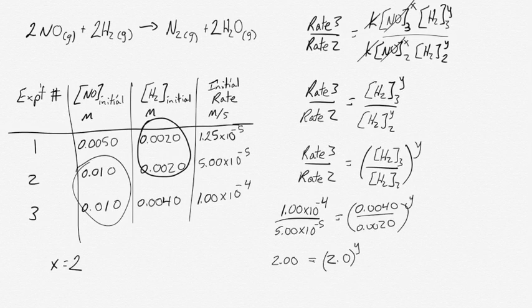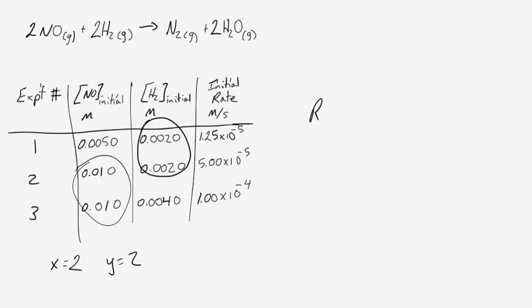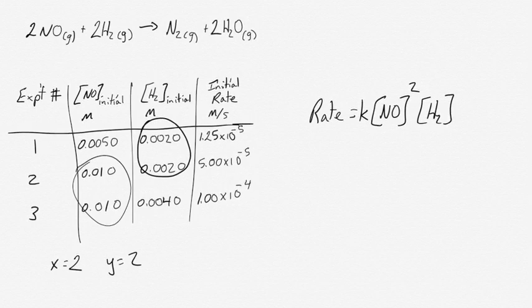And y here is obviously 1, but we'll calculate it using that logarithmic method that was shown earlier. Now that we have our two exponents, we can write our rate law. When the exponent is 1, you don't need to show it, it's implied.